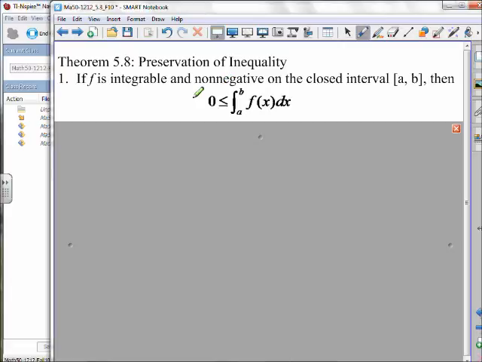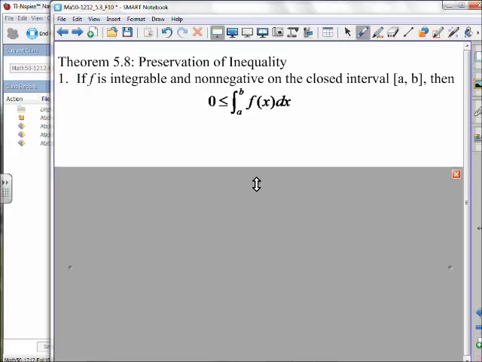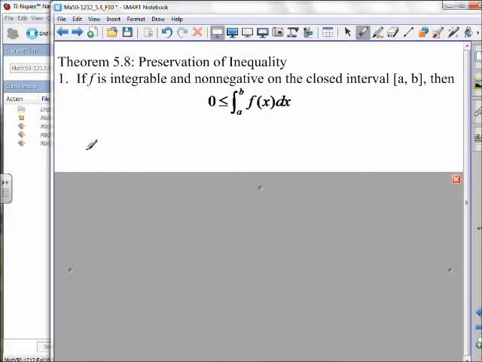Say it again, Erica. Above the input axis, yeah. So the whole function, remember, we talk about this a lot, we're saying that this would be the same thing as saying f of x is non-negative. The outputs are not negative.